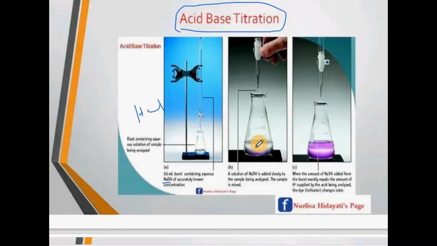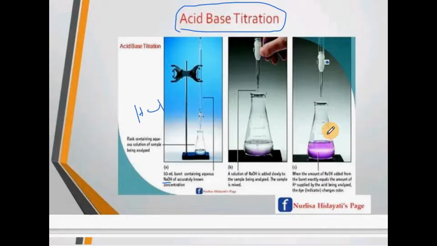So it will keep neutralizing the hydrogen ions in the flask till it gets to a point which is towards what? The alkaline pH. Now at that pH, that is where we assume that all the HCl in this flask is consumed, and the moles of the sodium hydroxide that has consumed the HCl are the same.